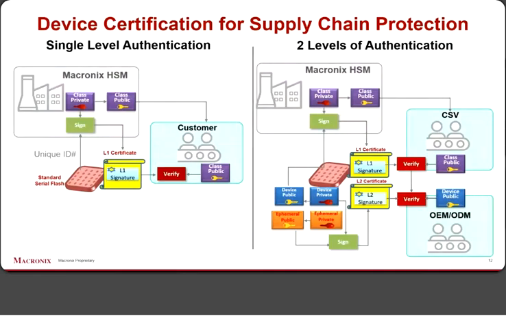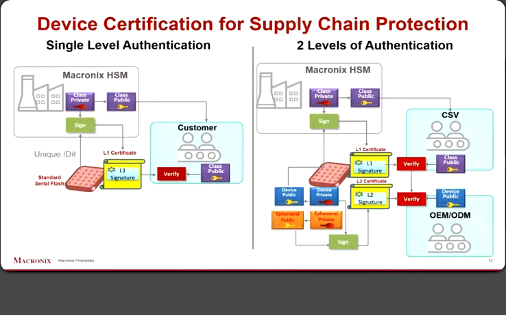So on the left-hand side, the single-level authentication scheme, in our hardware security department, we create a key pair that is both private and public, and we provide the public key to the end customer, and then we take the private key and essentially encrypt the certificate and sign it with the private key to create the signature, and then we store that in the certificate.